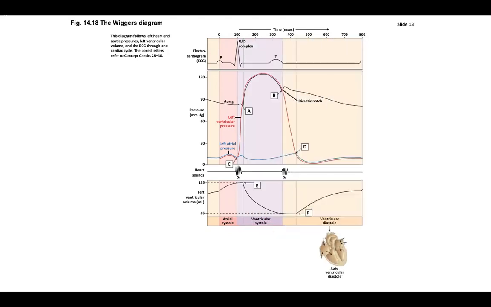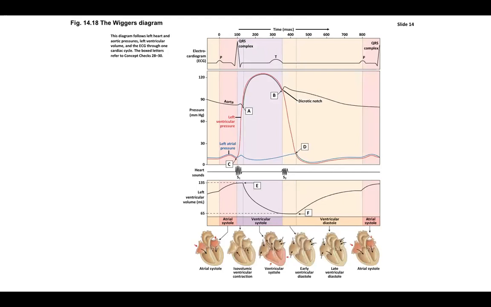And if you have questions about that, definitely ask. But before you try to truly understand this, make sure you know your anatomy of the heart and all the valves. It's essential. If you understand this diagram, you will understand more than you'll ever need to know about the cardiac cycle. So you'll be well on your way.